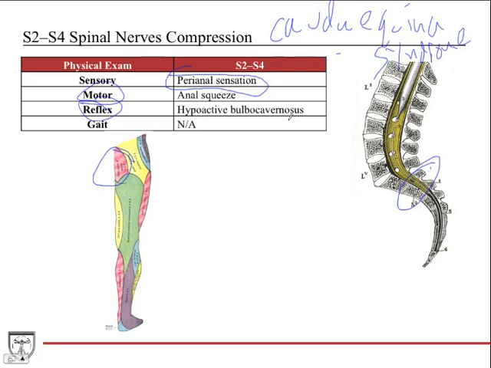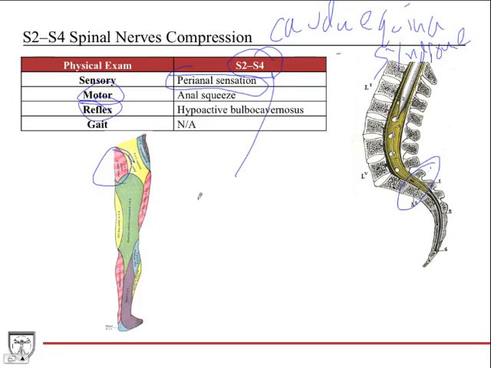The way you test that is you do a digital rectal exam, and if you don't feel a reflexive compression by the smooth muscle in the anal canal region, that is indicative of maybe possibly a lack of innervation due to an S2 to S4 spinal nerve compression. Now, the thing to note here is these don't innervate the lower extremities, so this is not going to be lower extremity signs. They innervate the pelvis, so bladder and bowel function.